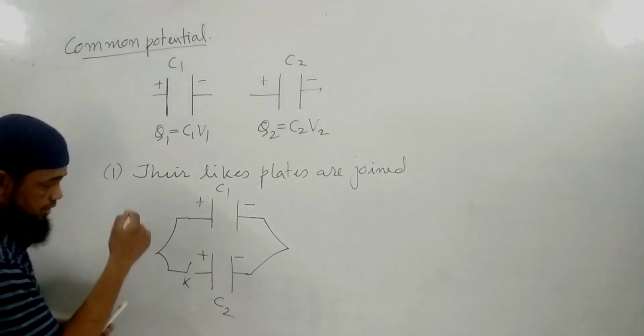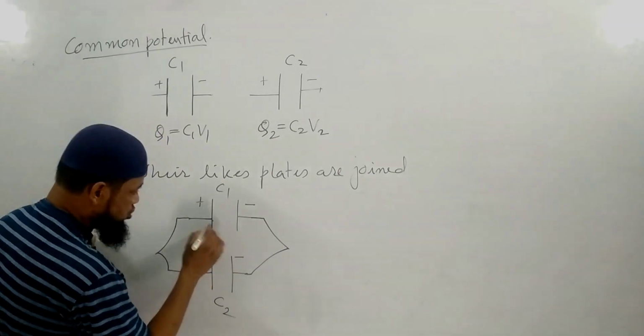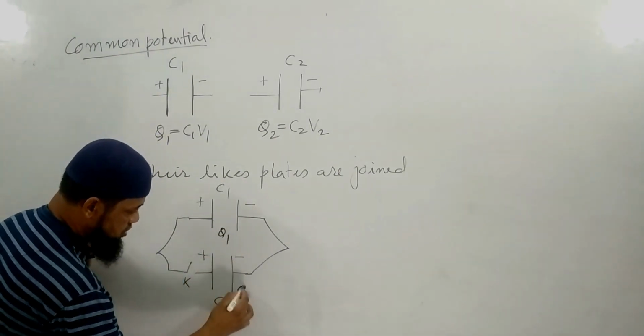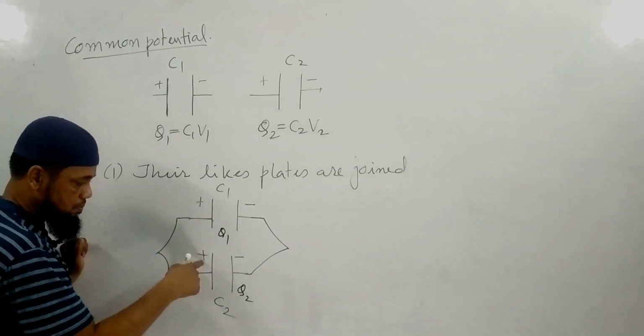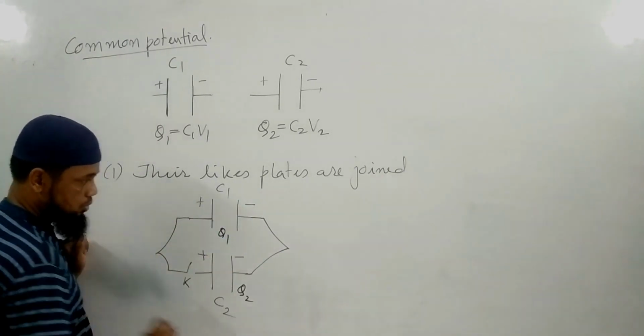So when I close the switch, here the charge is plus Q1, here plus Q2, and minus Q1, minus Q2 on the other plates.